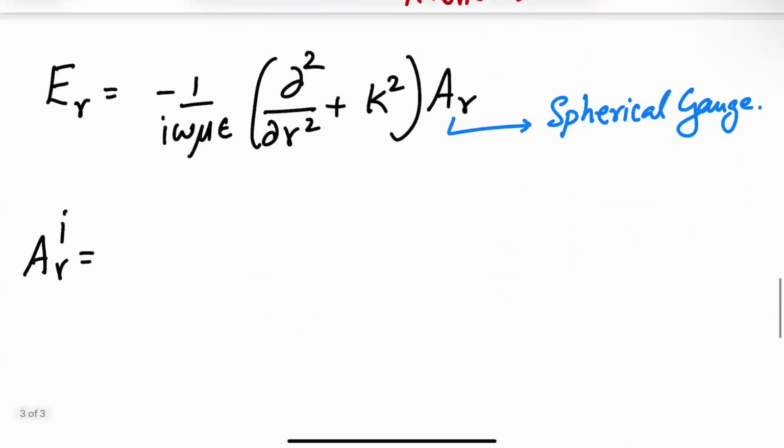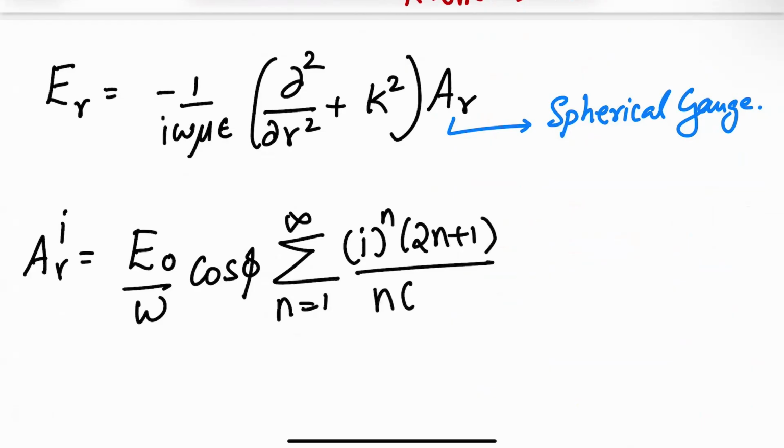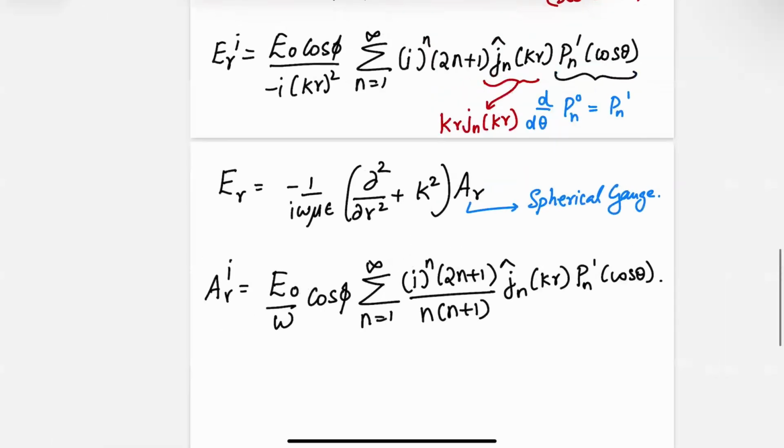Okay, so ARI is equal to E naught over omega cosine phi, summation n equal to 1 to infinity, i to the n, 2n plus 1 over n times n plus 1, jn hat kr, Pn1 of cosine theta. Okay.